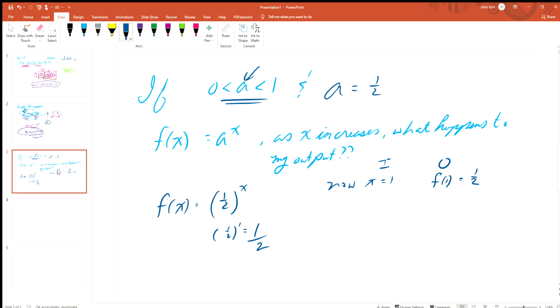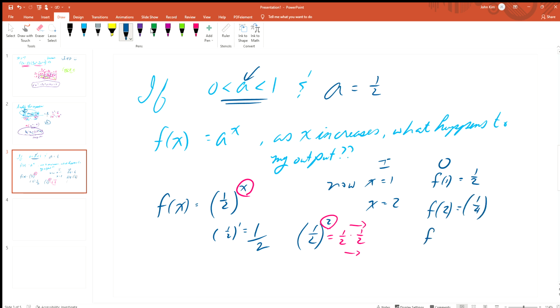Now, when x is 2, as x increases, right? What's 1/2 squared? Where did the square come from? It came from the exponent right over there, right? What's 1/2 times 1/2? 1/2 times 1/2 does not equal 1. You multiply straight across, right? So, let's use blue on this. f of 2, when x was 2, is going to be 1/4.